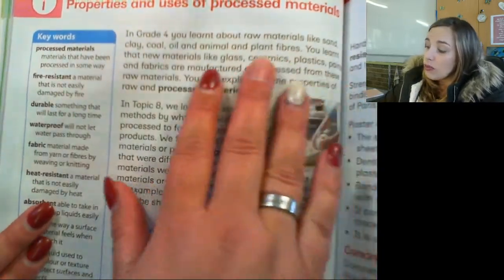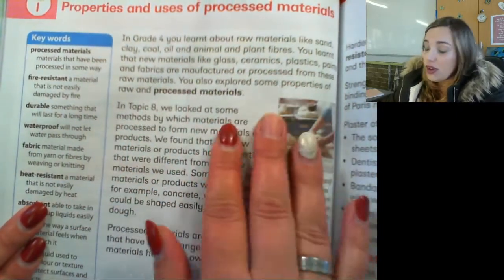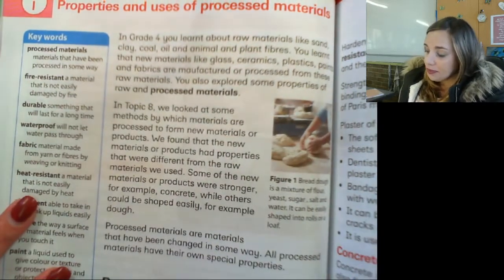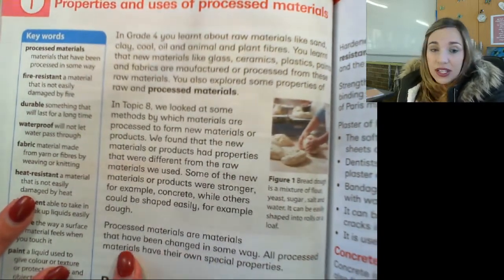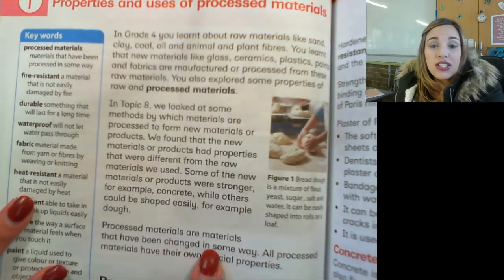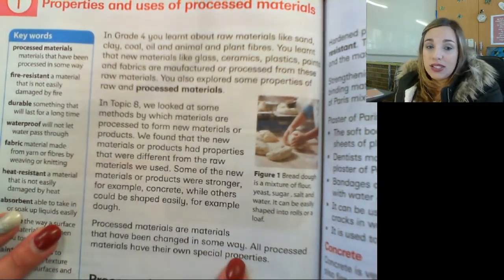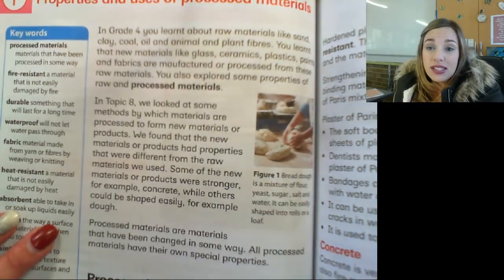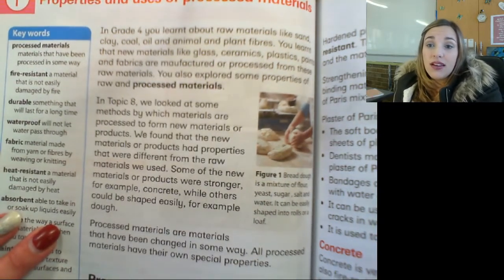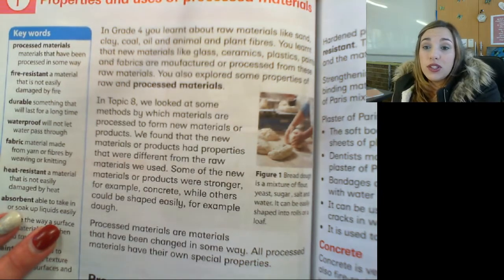So processed materials, what you've learned about them. Processed materials are materials that have been changed in some way. All processed materials have their own special properties, and it is because of these properties that we choose the material to make an object with.